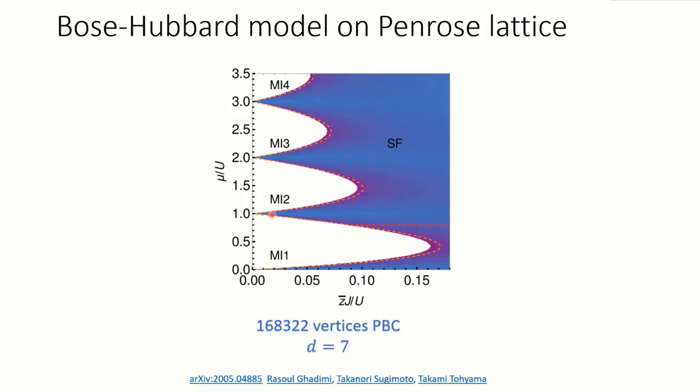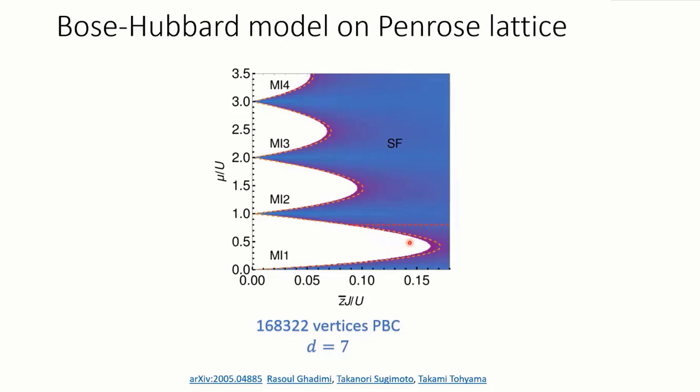This orange line is the critical strength of the Mott-superfluid phase transition for the square lattice. Here we have a Mott phase, with integer filling of the bosons on each vertex, and here we have a superfluid phase. You can see that increasing the chemical potential just increases the occupation number in the Mott insulating phase.